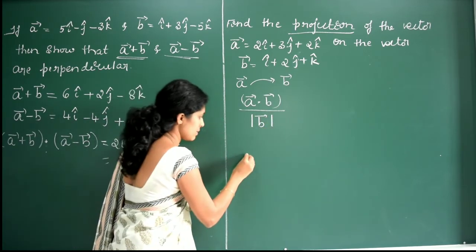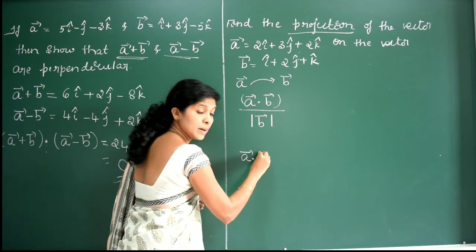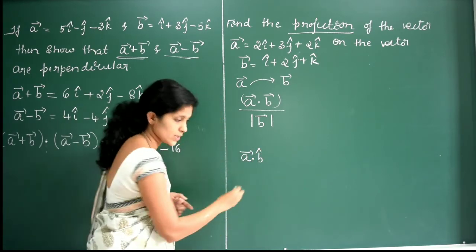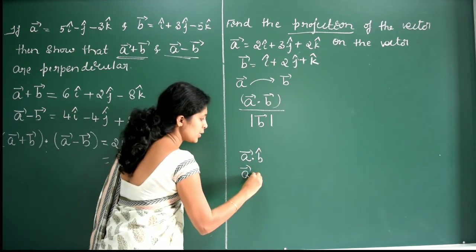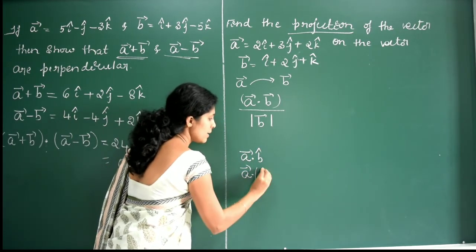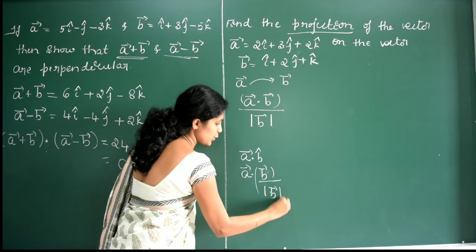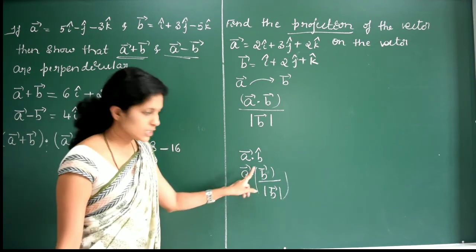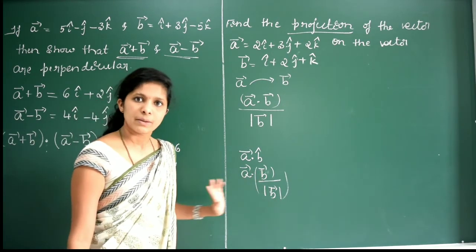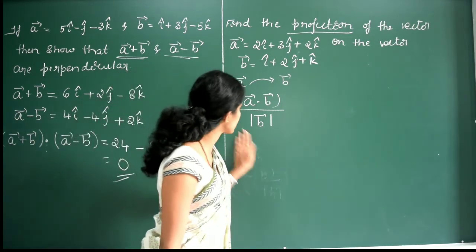Yes, I hope you remember A vector dot B cap, right? So this will be A vector dot B vector divided by mod of B vector, or magnitude of B vector. So we write this formula.